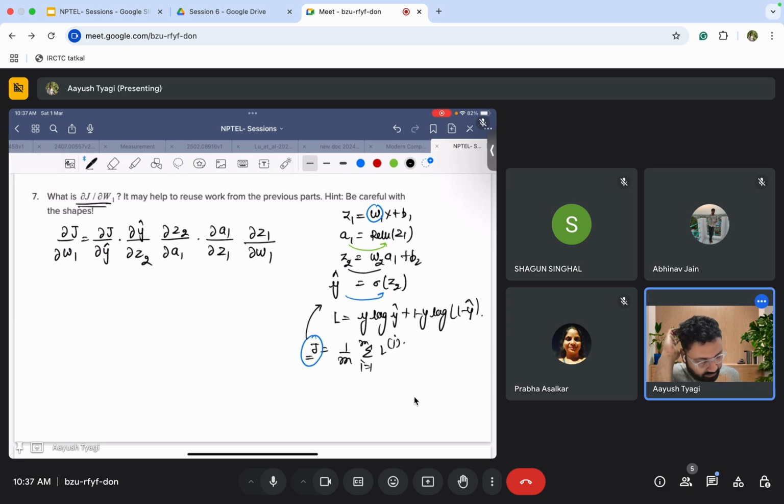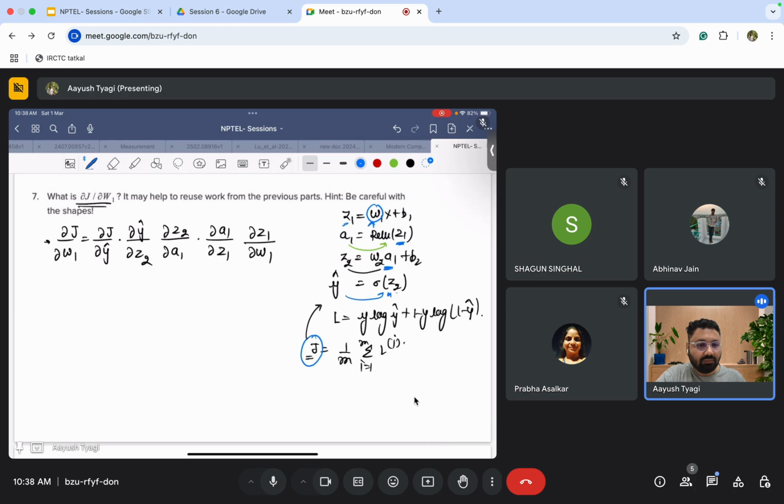So we have decomposed this operation into a series of multiple small operations. Instead of directly seeing the effect of changing W1 on J, we are first seeing the effect of changing J with respect to what is being predicted. What is being predicted is Y hat, and it's dependent on Z2, Z2 is dependent on A1, A1 is dependent on Z1, Z1 is dependent on W1.